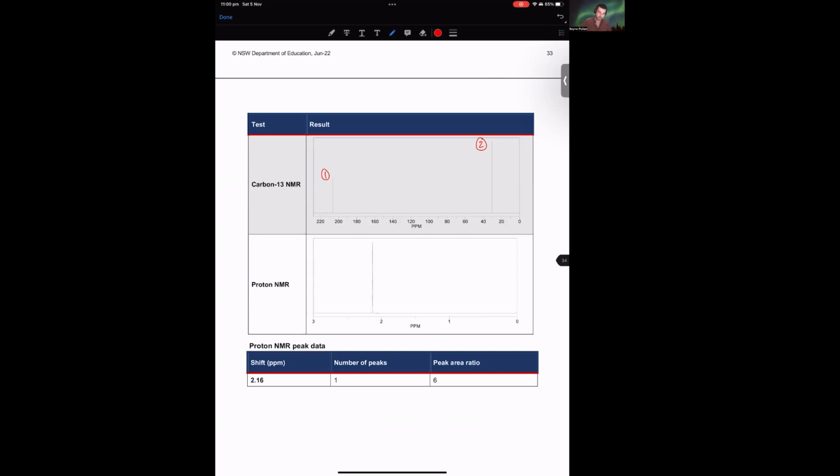If we look at our proton NMR, we can only see one signal, which I'll label A. Peak A has a ratio of 6, so there are 6 protons in this environment, and it's a singlet. If we remember our N+1 rule, that suggests there are no protons next to this proton environment.